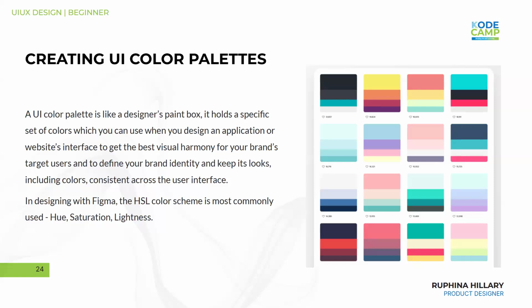So the most preferred one, people usually prefer hue, saturation, lightness because it's the easiest to manipulate. Right? So after I go through these tips for creating your UI color palette, we'll look at the HSL color model in Figma, how to work with it when choosing colors for our design.